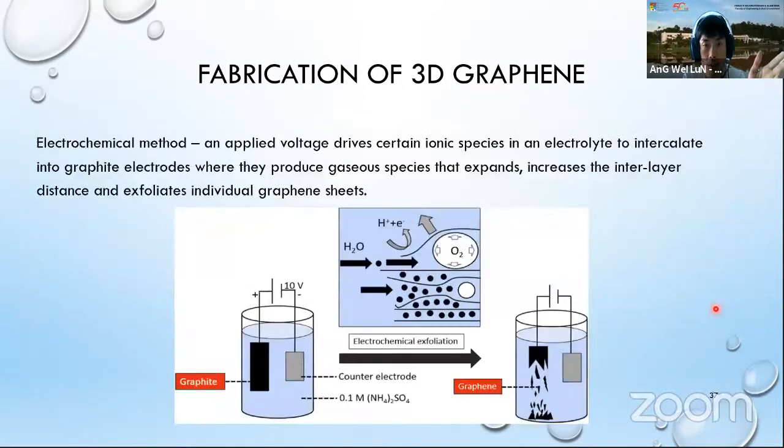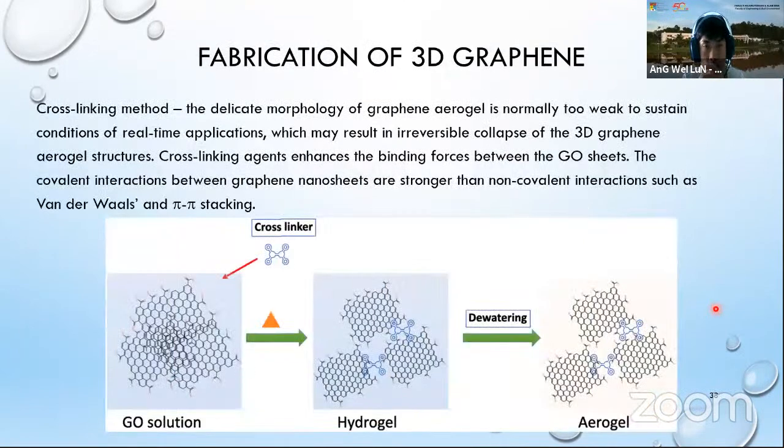But because the interaction is purely between the graphene itself, it's a very weak interaction, too weak to sustain the conditions of real-time application. It means it's very fragile. If you press the 3D aerogel or hydrogel, it will break apart, which may result in irreversible collapse of the 3D structures.